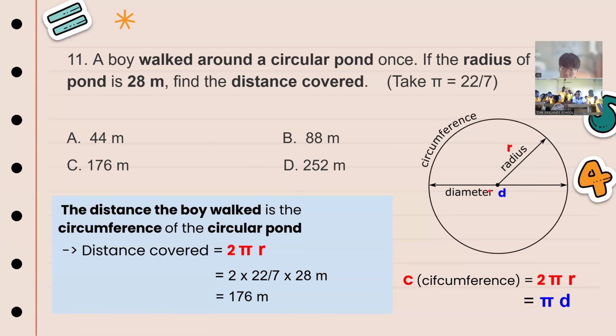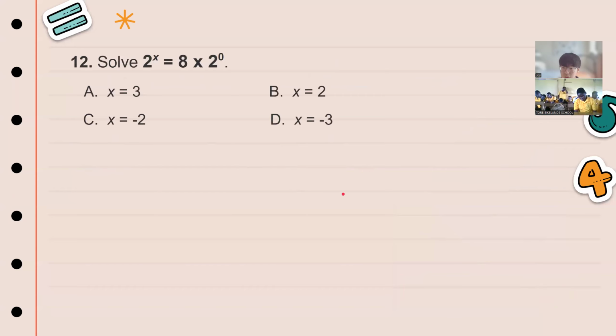And the radius is simply from the midpoint of the circle to a point on the circle. That's the radius. But since this is 2 pi r, it's the same as pi d, because 2r is the same as d. Okay, if you don't have any questions, we can move on to this question.